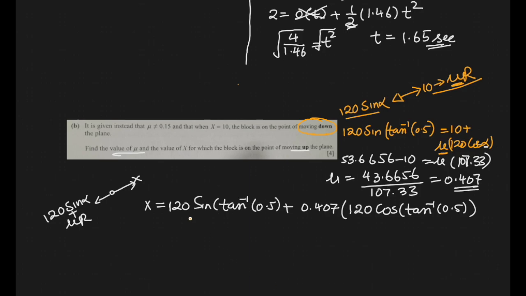All right, so this came out to be 53.6656 plus 0.407 times 107.33. It comes out to be 97.34891, so I will write it 97.3 newtons.